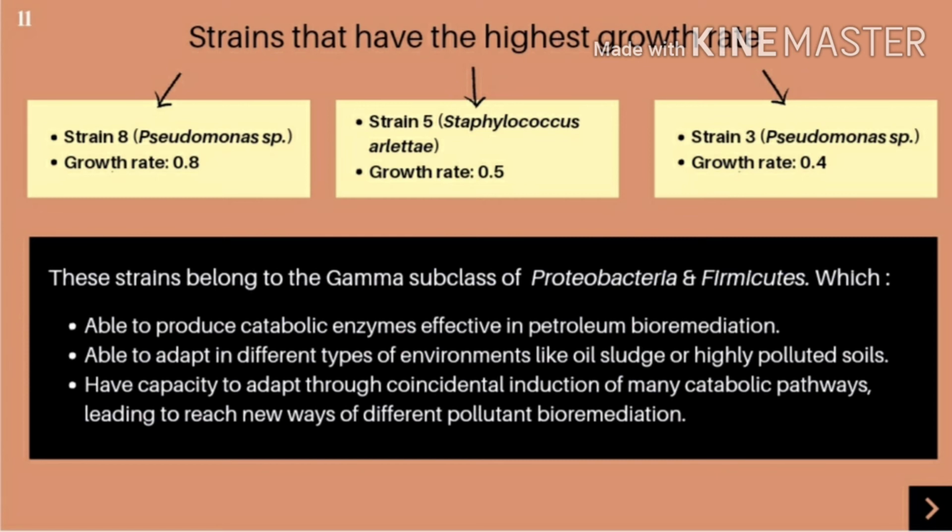These strains belong to the gamma subclass of Proteobacteria and Firmicutes, which are able to produce catabolic enzymes effective in petroleum bioremediation. They are also able to adapt in different types of environments like oil sludge or highly polluted soils. Besides that, they also have the capacity to adapt through coincidental induction of many catabolic pathways, leading to new ways of different pollutant bioremediation.